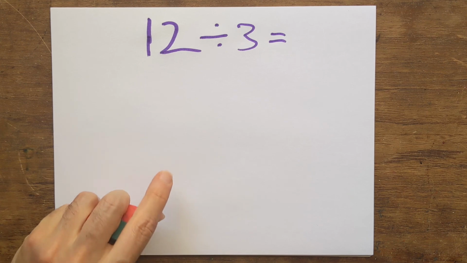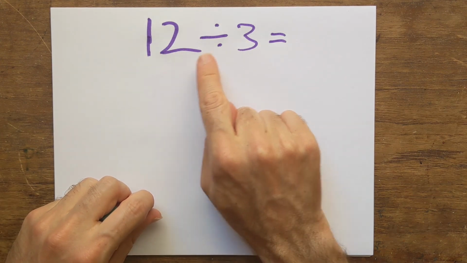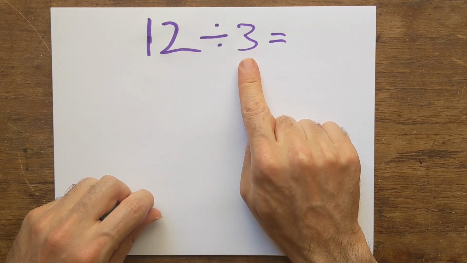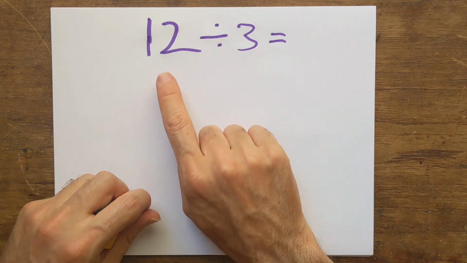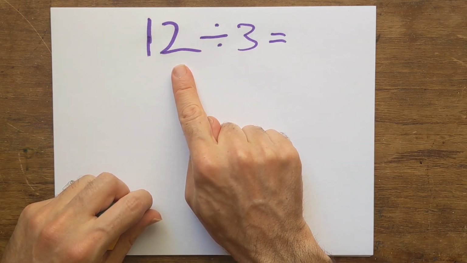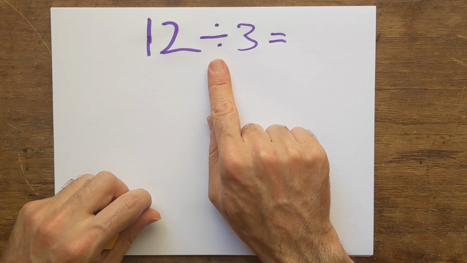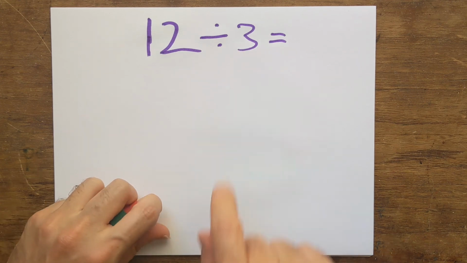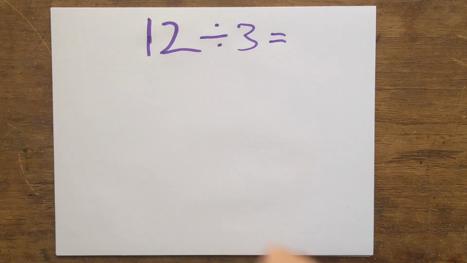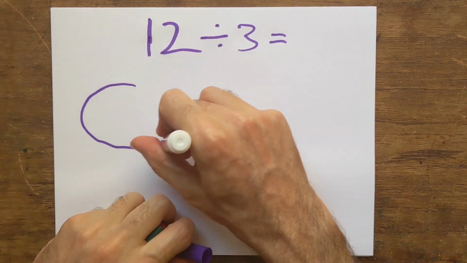Here's another question. It says 12 divided by 3 equals. And that means we have 12 things, let's say crackers, and we're dividing them between 3 people. So this time I'm going to draw the people first. And I'm going to draw my circles again.